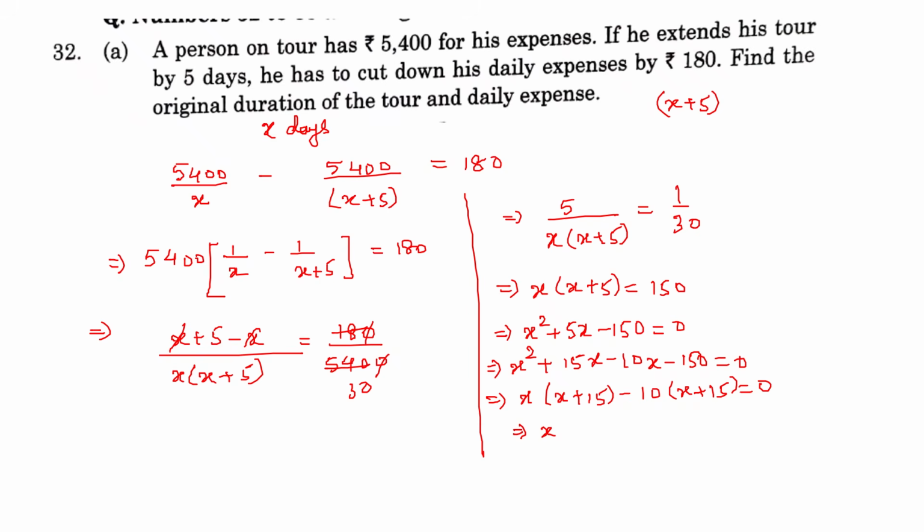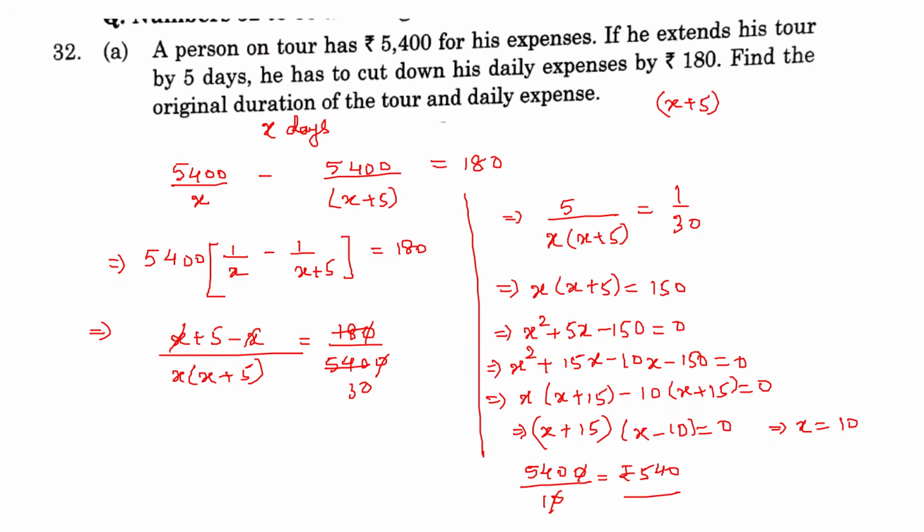So from here you will get x plus 15 into x minus 10 equal to 0. So negative value we won't take. So the value of x will be 10. So duration is 10 days. Then expenses will be 5,400 divided by 10, which is 540 rupees. Okay. So this is question 32 A part.